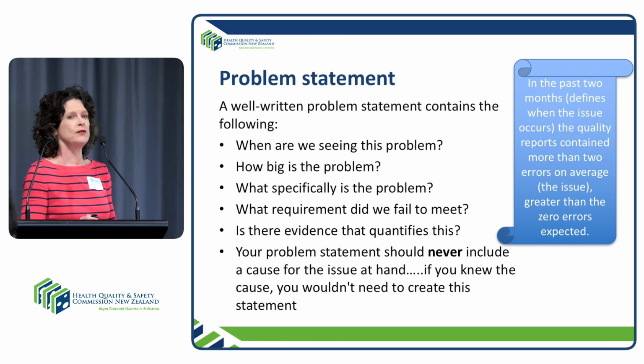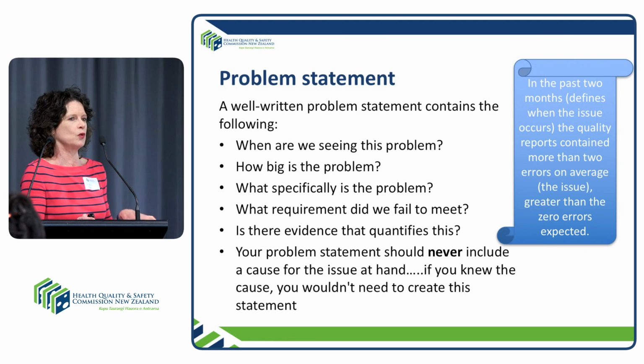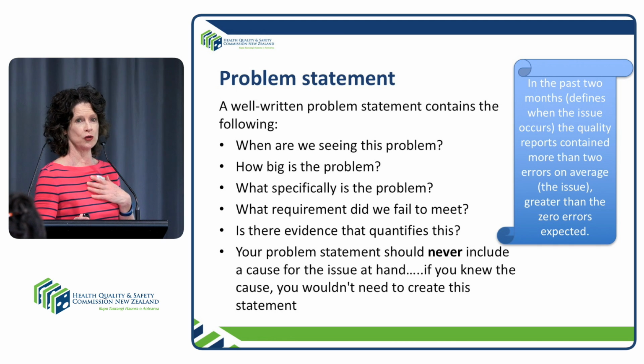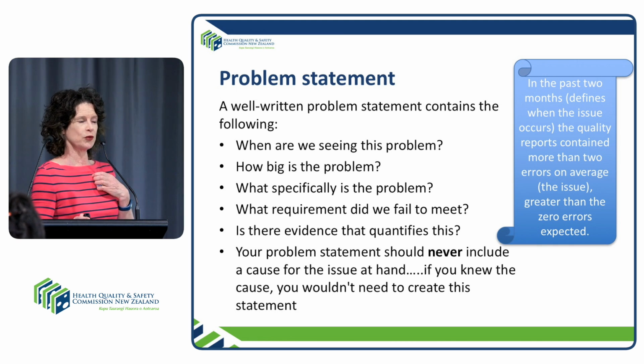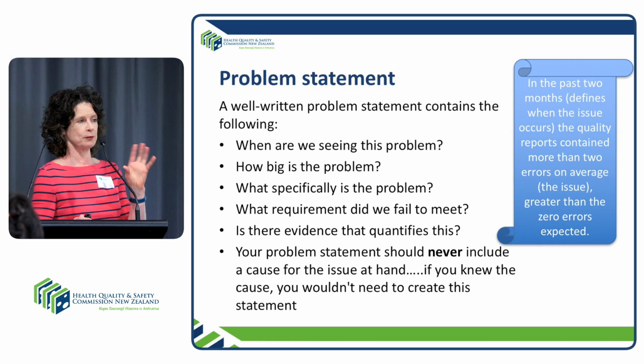And have we got some evidence to support where we're at the moment? One of the easy things to do is to start with solutions. We already think we know what's going to fix this. But your problem statement shouldn't include any solutions, because that's the point of you going on your journey of finding out, defining your problem, testing changes.